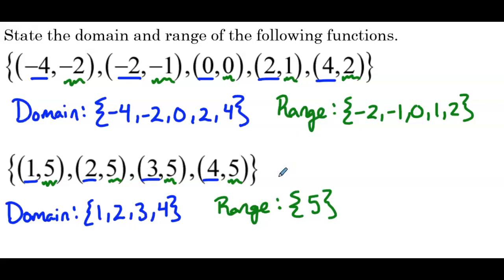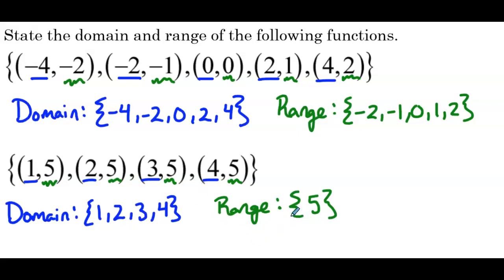Now, this brings us to an important point. If we compare the number of numbers or elements in the domain to the number of elements in the range, we notice the domain has more numbers in it, right? And that's because each number in this domain maps to the same value in the range. Now, I want you to put your thinking hat on.